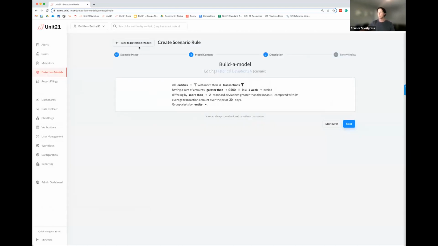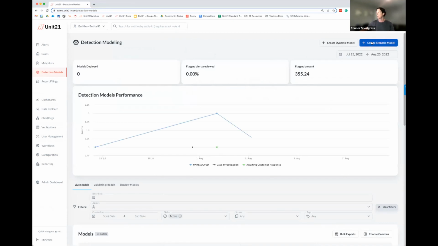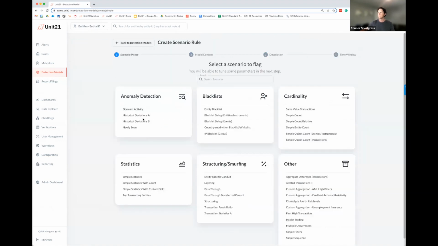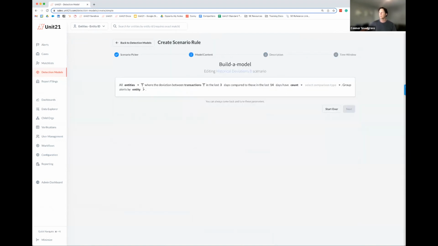And we also have another historical deviation model, where we could do something relatively simple and say, we want to look at any entity where the deviation of transactions in the last 3 days compared to the last 14 has a sum that is, maybe, 150% larger than the previous 14 days.